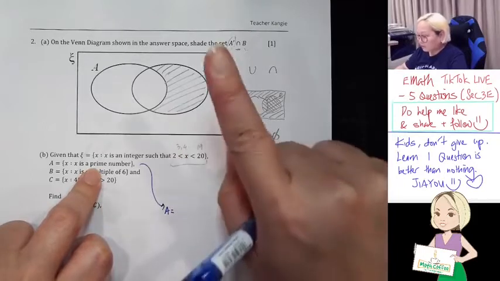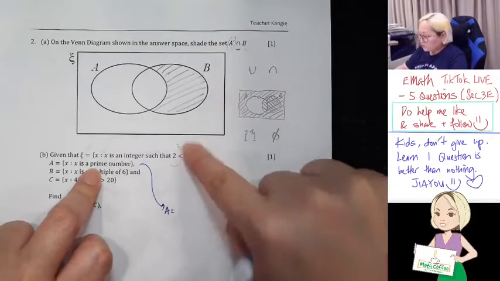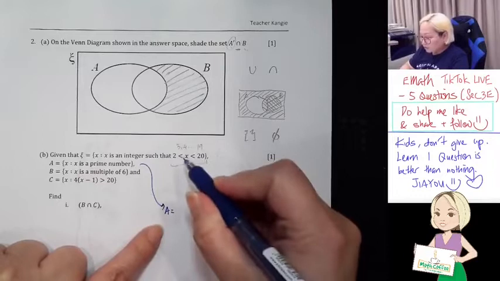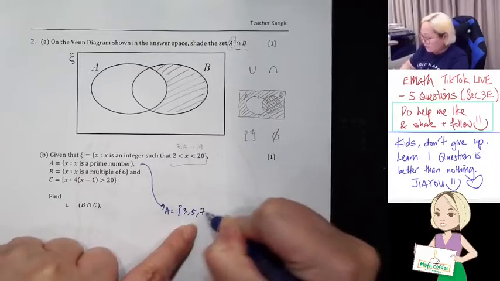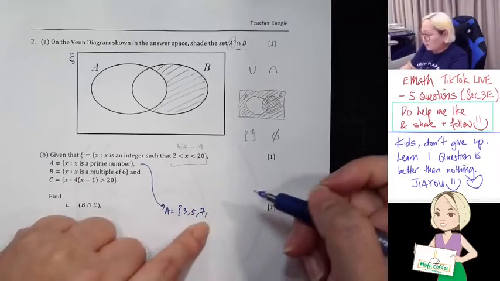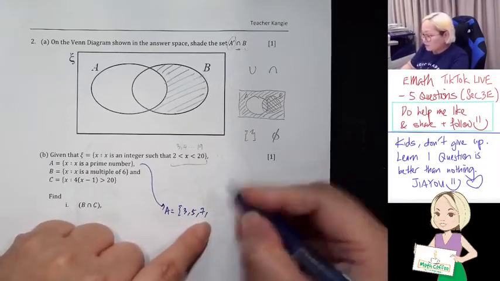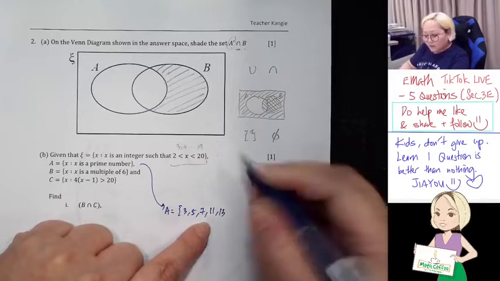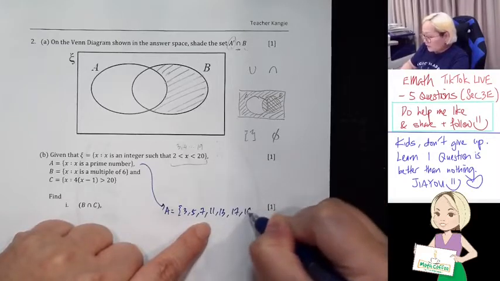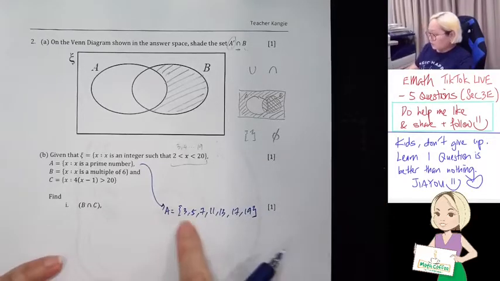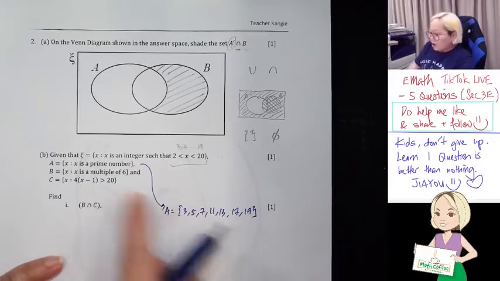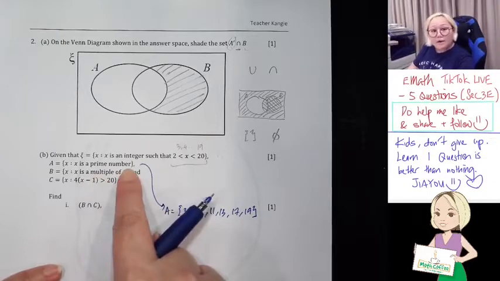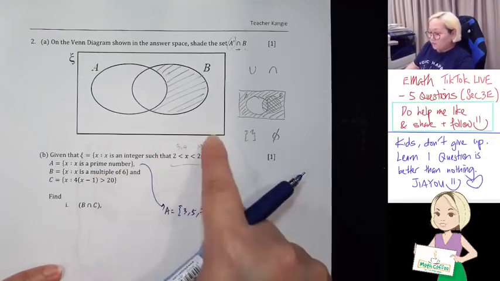So I will start with 3 because 3 is a prime number. My A will have 3, 5, 7, 8 is not a prime, 9 is not a prime, 10 is not a prime, 11, 13, 17, and 19. So these will be the elements inside my set A because they are prime numbers in this universe set.